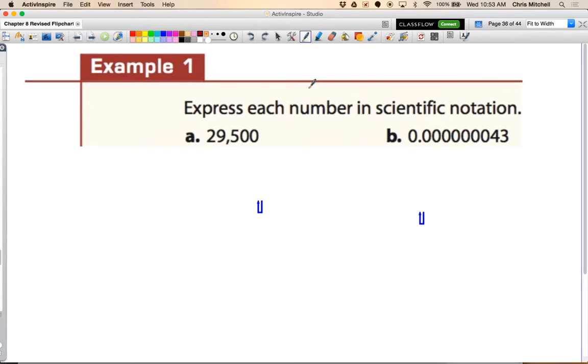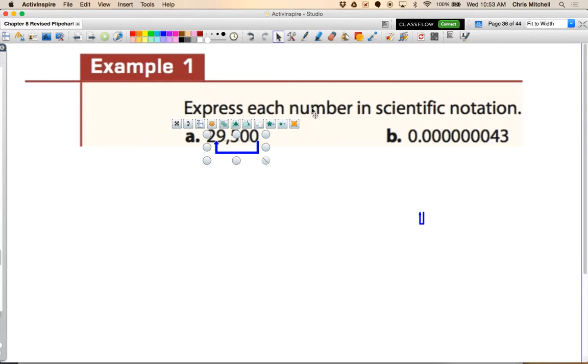All right, so now express each number in scientific notation. So I have my tool, and you can use this as well. I know my decimal is there. So if I move it, let's say 1, 2, 3, 4, so I have 4 place values.